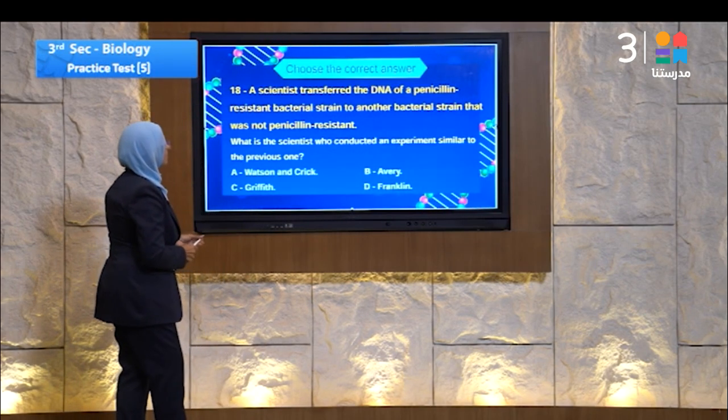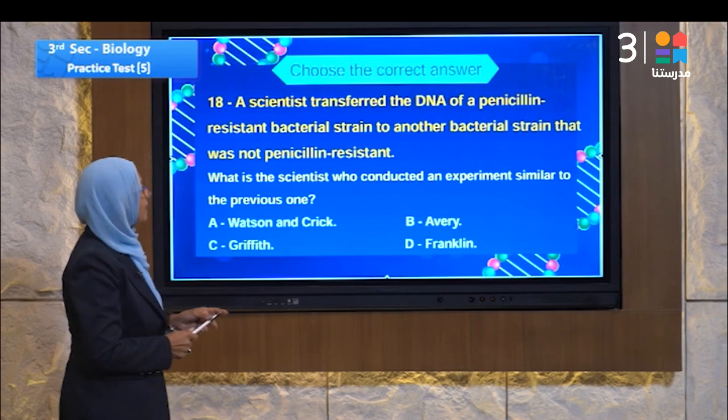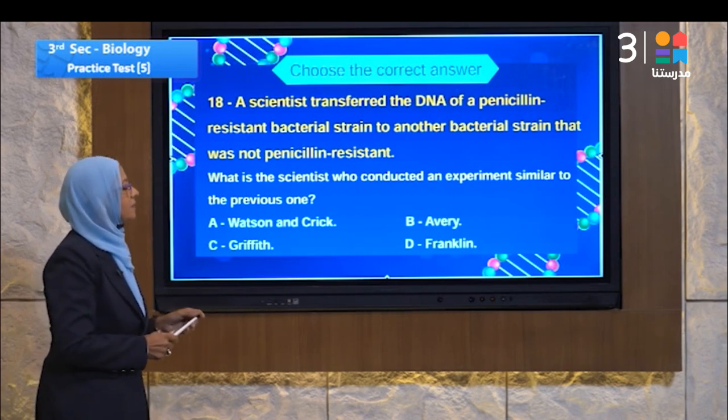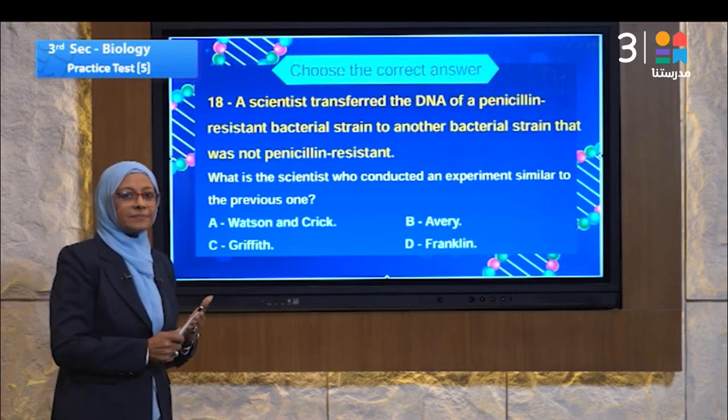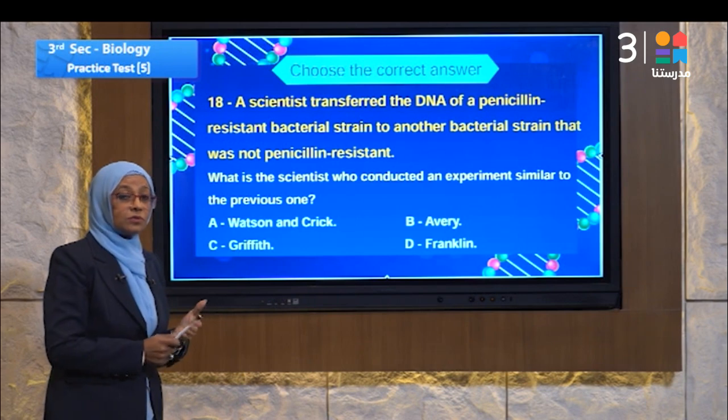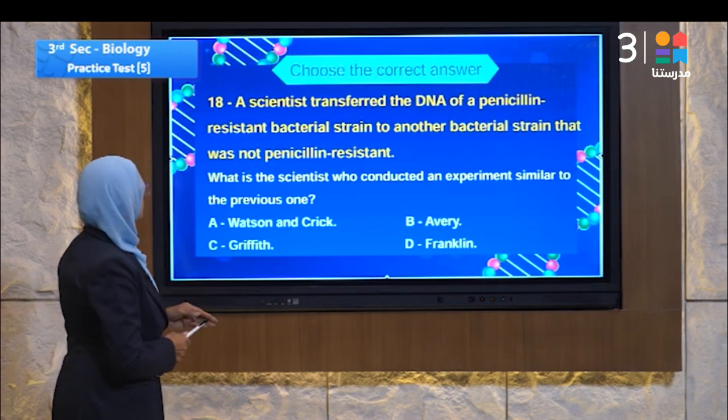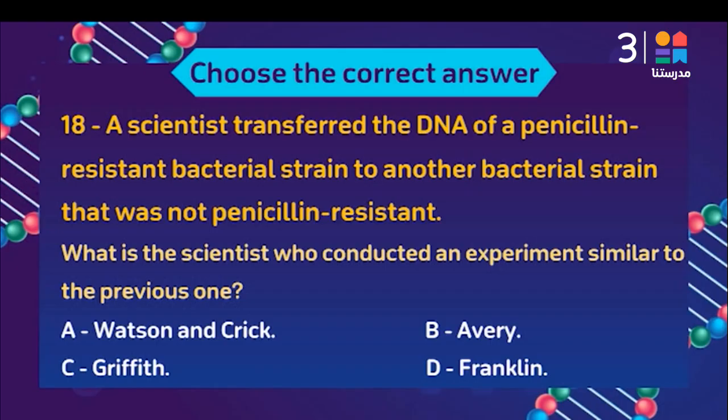Let's go to question number 18. Question number 18 speaks about DNA. Let's go to genetics. A scientist transferred the DNA of a penicillin resistant bacterial strain to another bacterial strain that was not penicillin resistant.